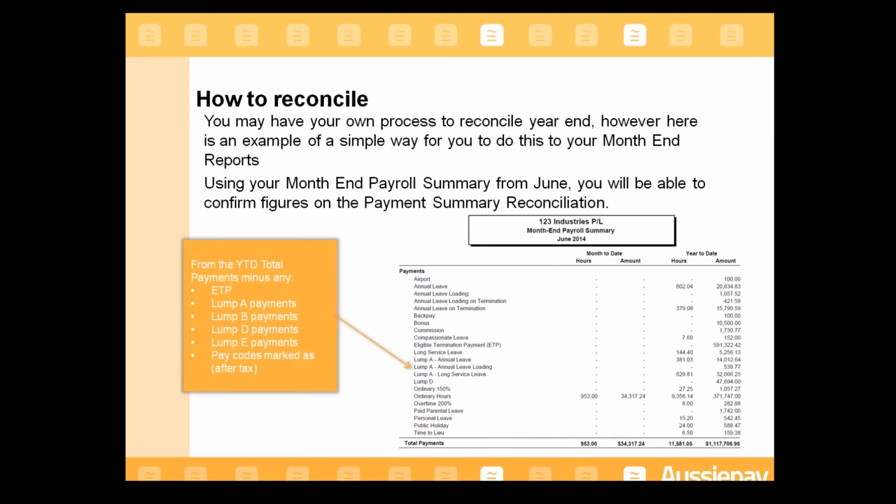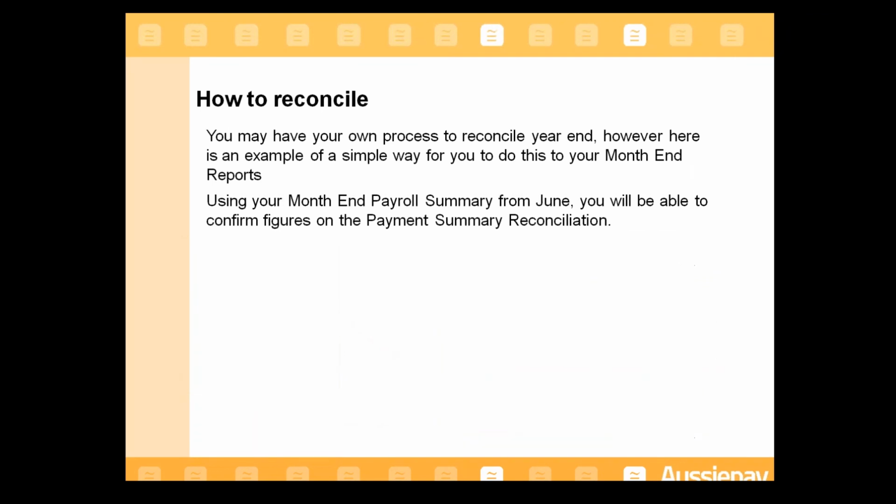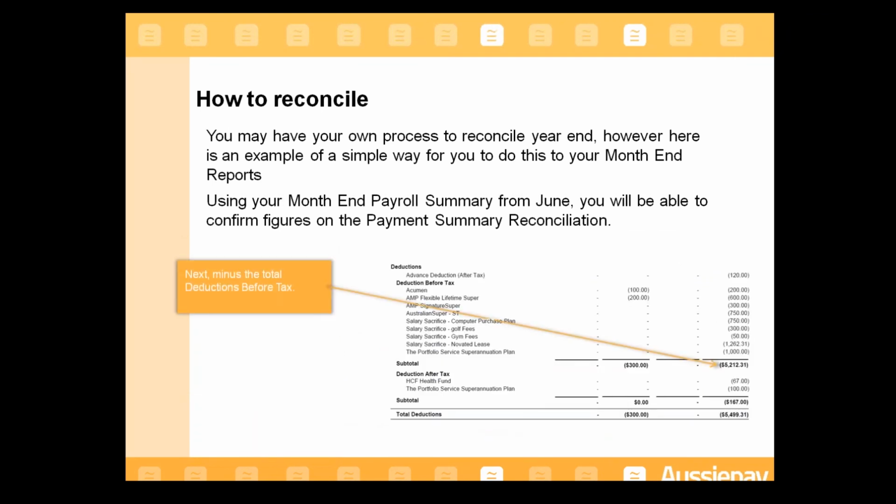From that year-to-date total, you can minus any ETP, lump sum A, B, D or E payments, or any pay codes marked as after tax. The next step is to minus the total deductions before tax, as that needs to come off the year-to-date figures.